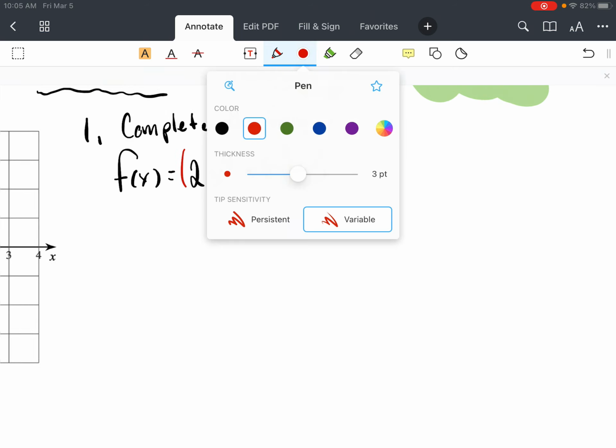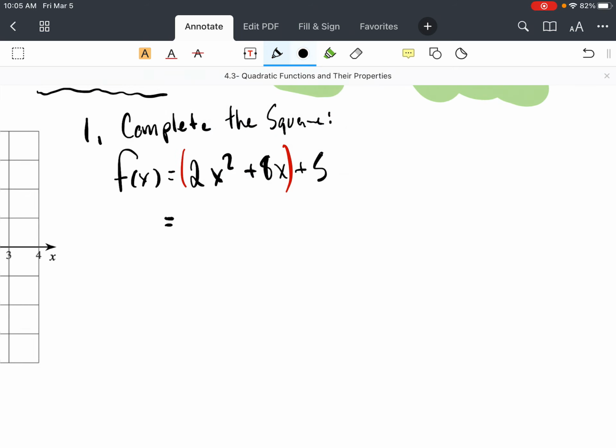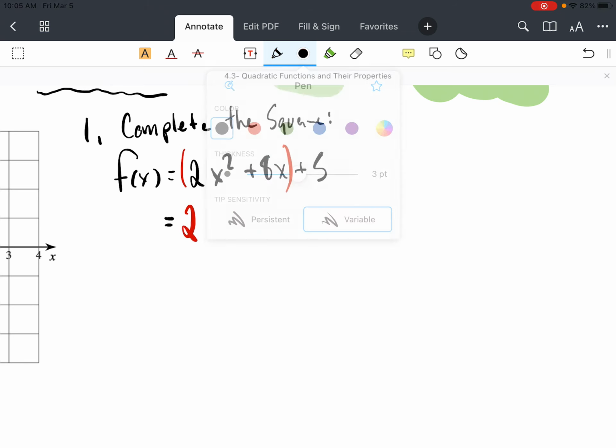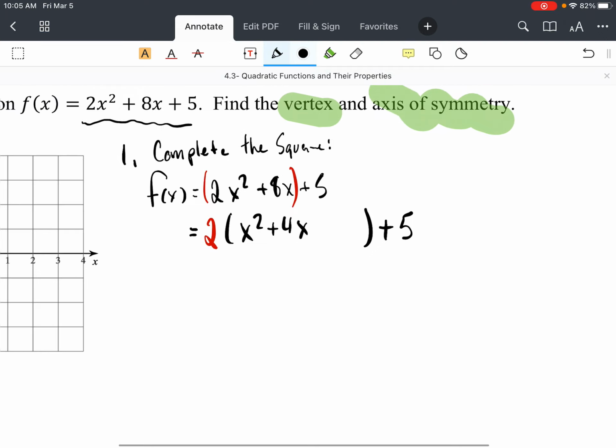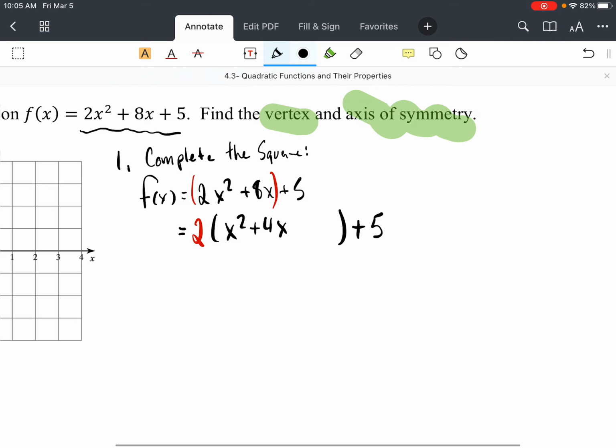We can't have a coefficient in front of it. So what I'm going to do from here is divide it out. I'm going to simply divide the 2 out of both of these first two terms. So I'm going to have 2 times x squared plus 4x, and just so we can save on some space, I'm going to give myself a little bit of room here and put a parentheses there.